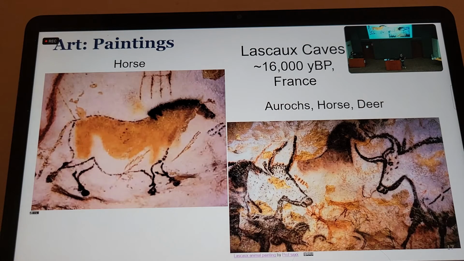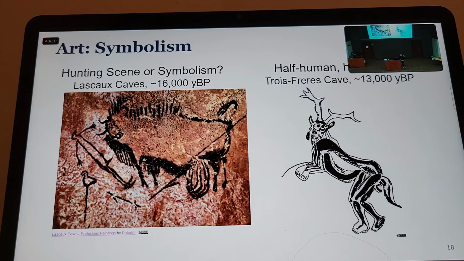From 16,000 years ago, we have horses, aurochs, or the sort of pre-modern cattle, horse, deer, all sorts of different animals depicted. We also have evidence for symbolism, storytelling, like you get in the image on the left.